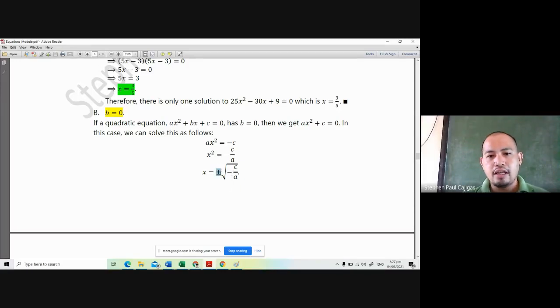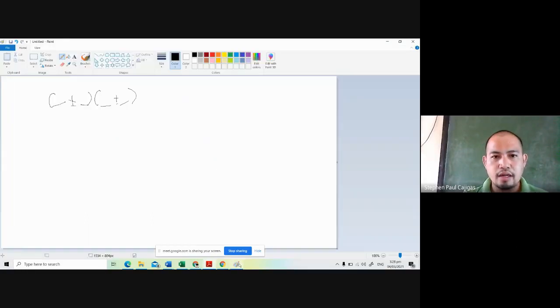Okay, that is why it is plus minus. We start with x squared is equal to negative c over a. We take the square root, meaning what numbers, when we square them, will equal negative c over a.